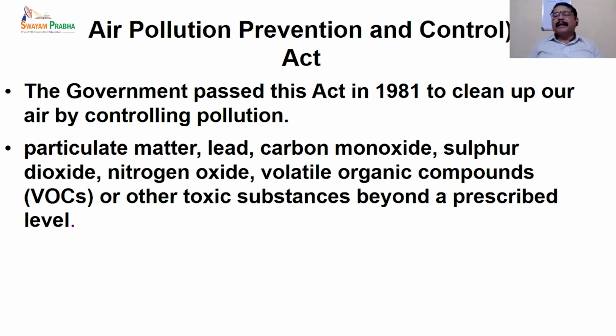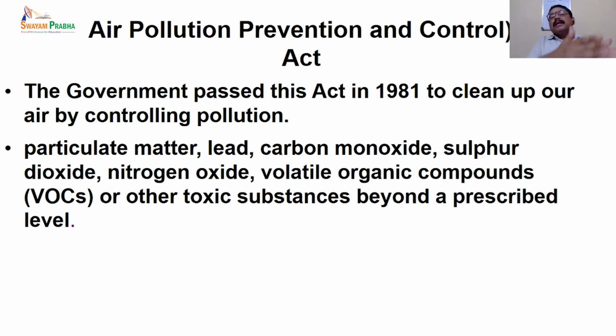Lead. Lead is a metal which can lead to some sort of nephrological or neurological complications in humans. Carbon monoxide, sulfur dioxide, nitrogen oxide, volatile organic compounds. These components are released in industrial processes, very particularly from the power generating industry or coal-fired thermal power plants, or they emanate from the usage of vehicles or any other toxic substances beyond a prescribed level.